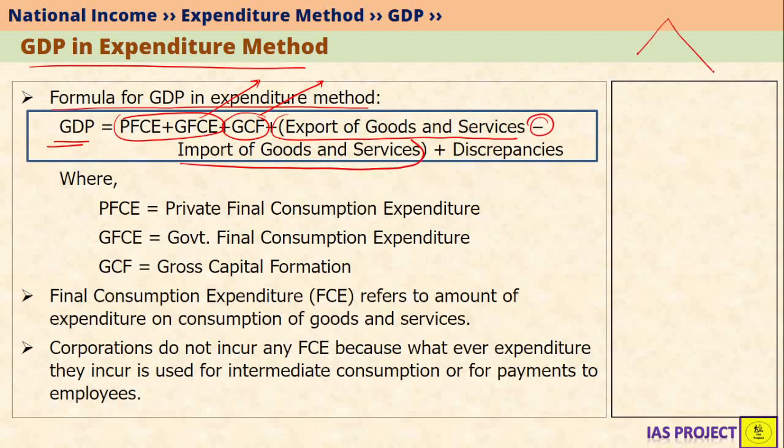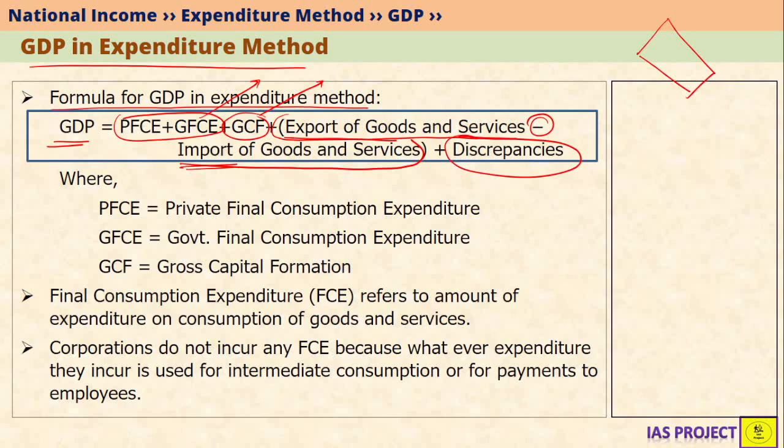For example, this is India. Whatever is happening within the territory of India has to be counted. Therefore, we also need to account for exports and imports of goods and services. Also, there is a term called discrepancies, because when we measure GDP in production method and expenditure method, there are certain differences that are bound to arise.